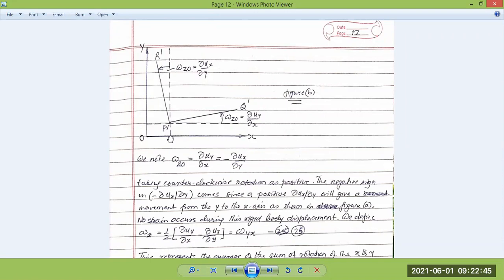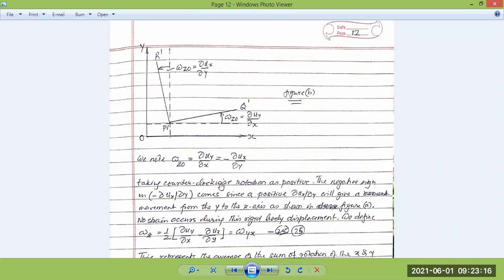Now the position has changed to P dash Q dash and P dash R dash, but the initial angle in between PQ and PR was 90 degrees. The final angle also becomes 90 degrees, but the whole unit is shifted by an angular rotation of omega z, and the same amount is rotated here and here itself.